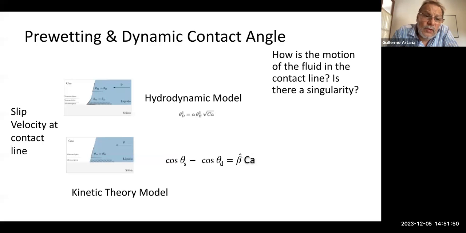If you consider this condition, the contact line should not move because the wall doesn't move, and then you cannot accept that the contact line would go ahead or would produce the movement of the fluid. So there's a singularity. This is a problem that a lot of people have been working on.